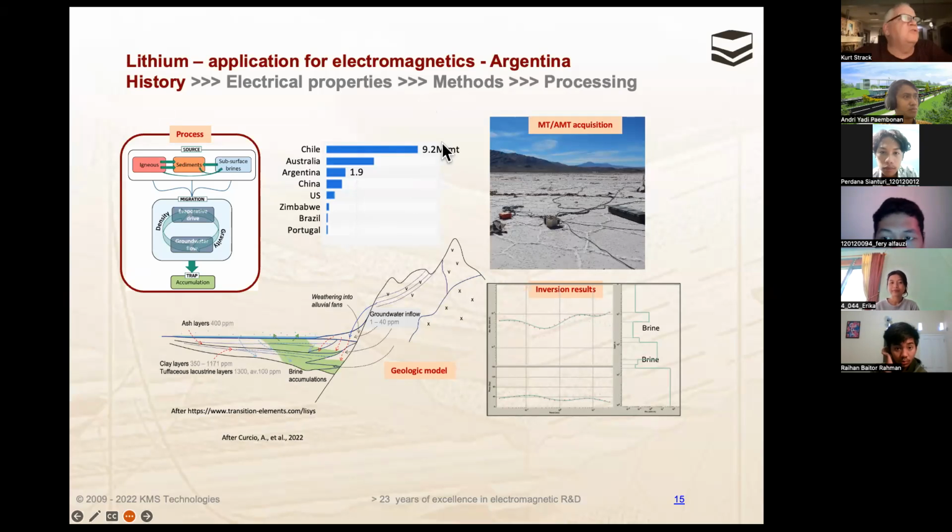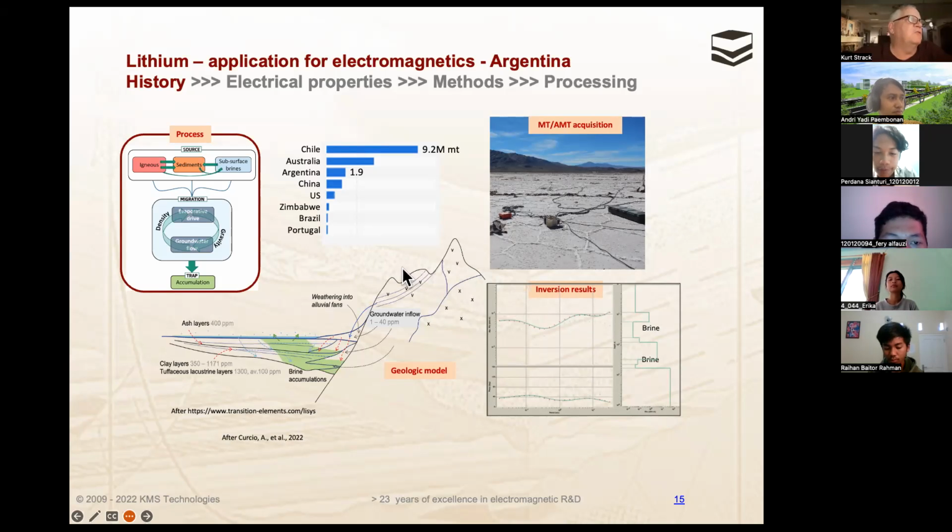The Golden Triangle, Chile, Argentina, and Brazil are covering the largest part of the lithium deposits.